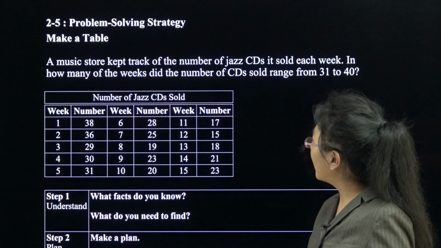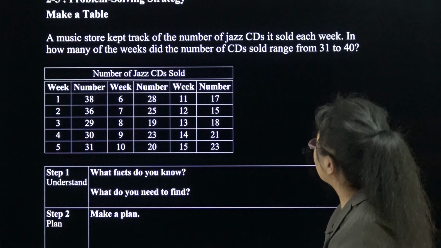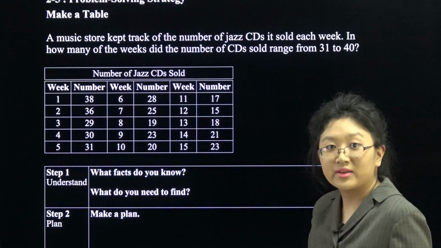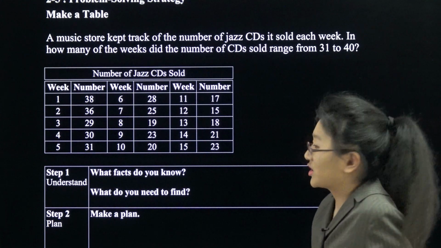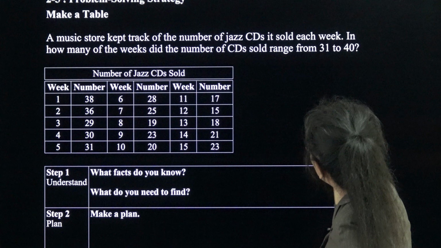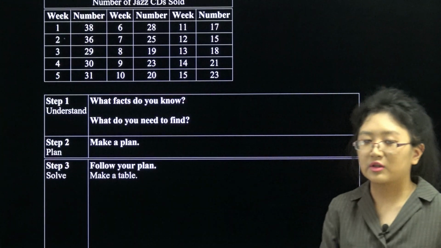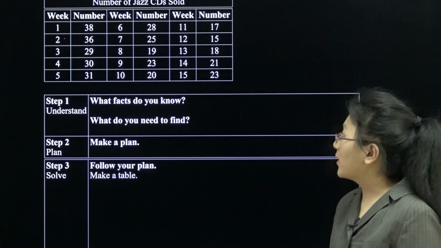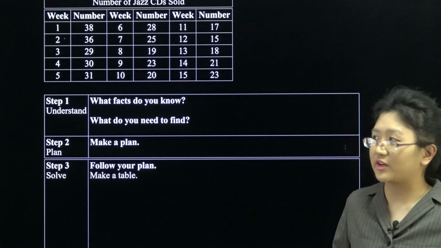Now, what facts do we know? Well, we know the number of jazz CDs sold each week. And we need to find, because the question asks us that, how many weeks did the number of CDs sold range from 31 to 40? So the plan that we're supposed to follow is, well, make a table. We already technically have a table, but let's make a different type of table.